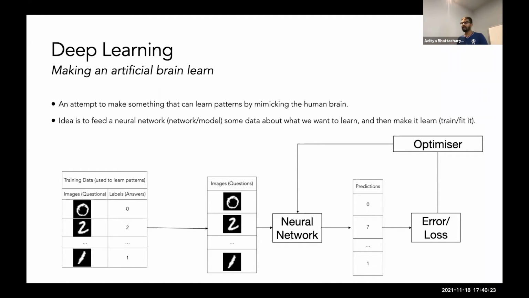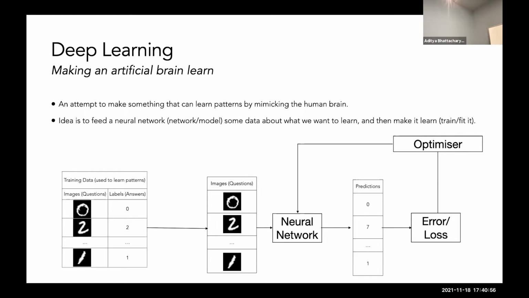It takes the metric, sees how badly or well you did and says, okay, if I fine tune this part of the brain, I can get a better result. For example, the optimizer might say, if I fine tune it this way, I might be able to make it recognize that 2 as a 2, as opposed to misclassifying it as a 7. This entire thing is called a training loop.